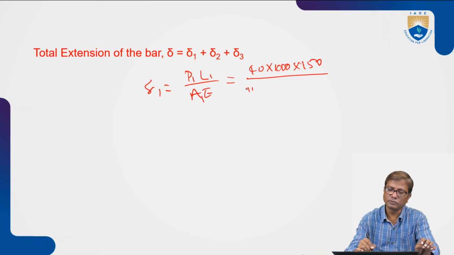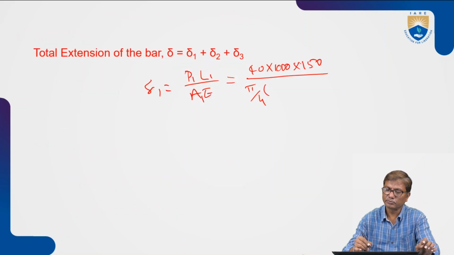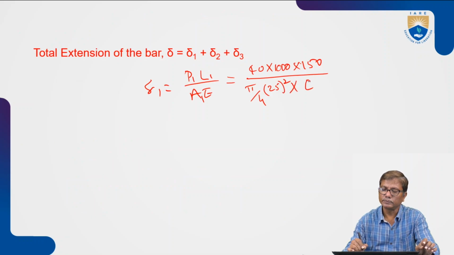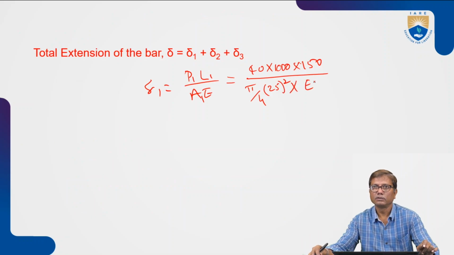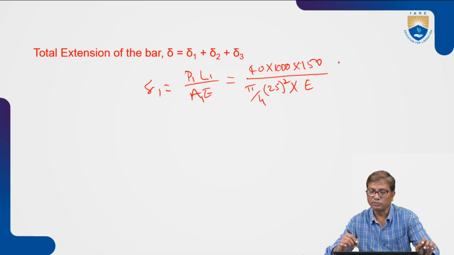Pi by 4 into diameter 25 mm squared into E. We don't know what is E. We have to find the Young's modulus of the material. So this is delta 1.